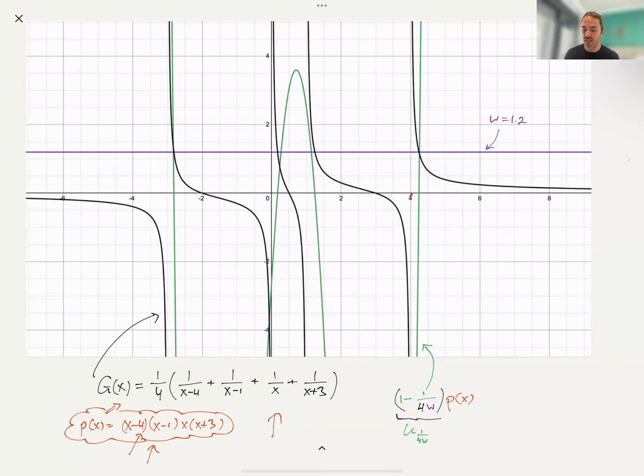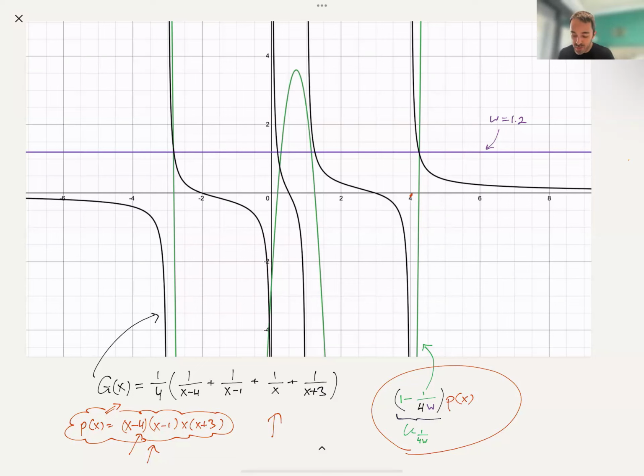So that's the Cauchy transform. And I chose some W, say 1.2, just for example. That's the purple horizontal line here. And I drew this polynomial: the operator U alpha, with alpha being 1 over dw, where d is 4, so 1 over 4w, applied to P.